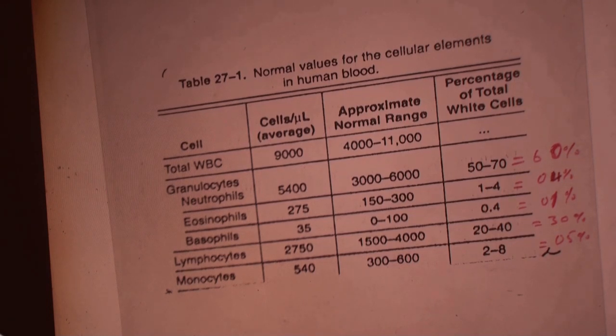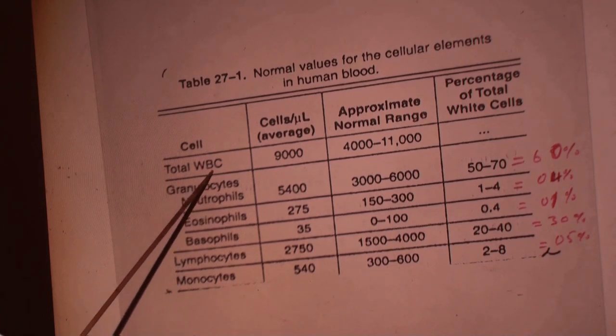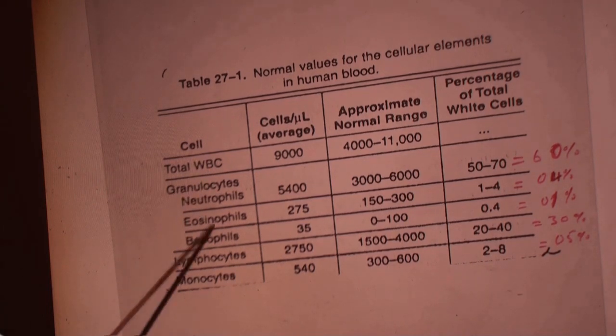You remember the erythropoietic activity, the duration of erythropoiesis, we said about 6 days. Also the leukopoietic activity, the duration of the production of the white blood cells, also 6 days.